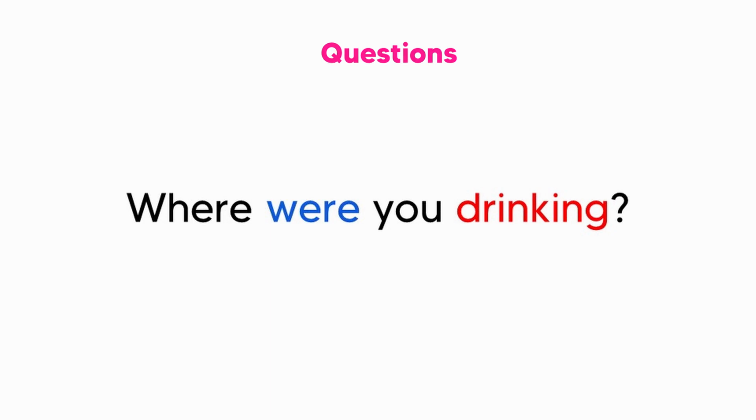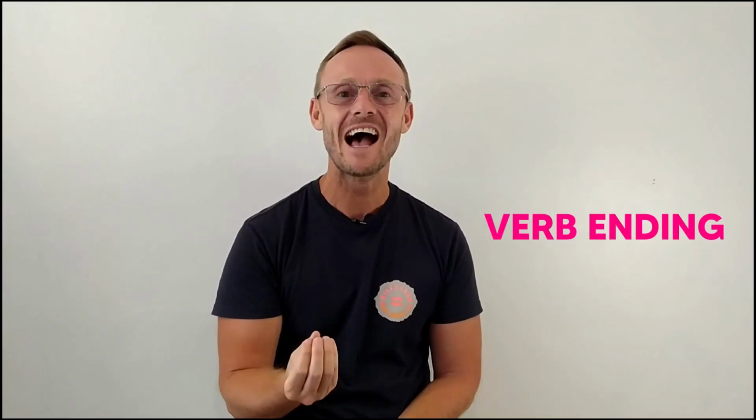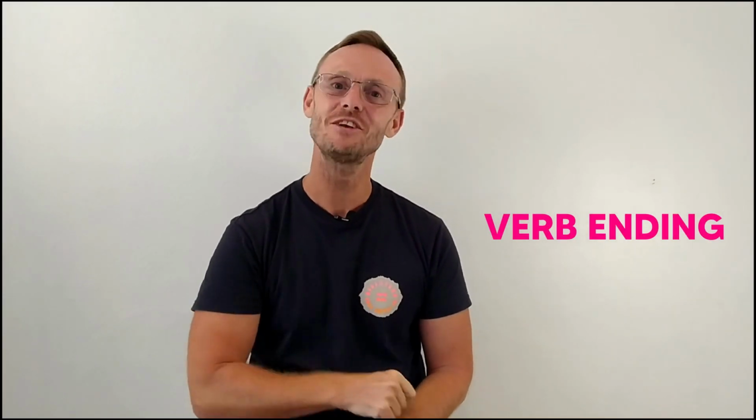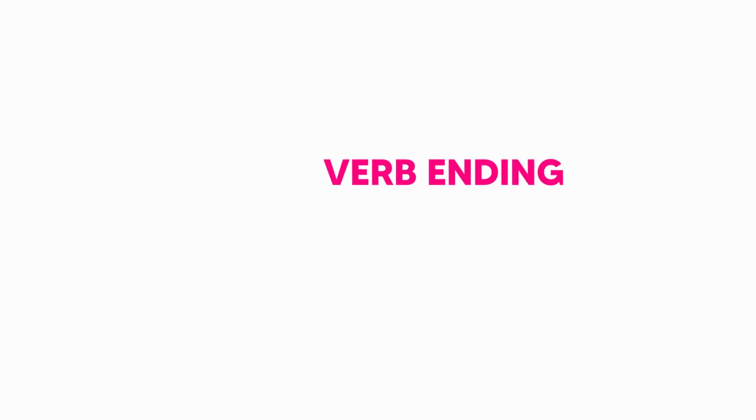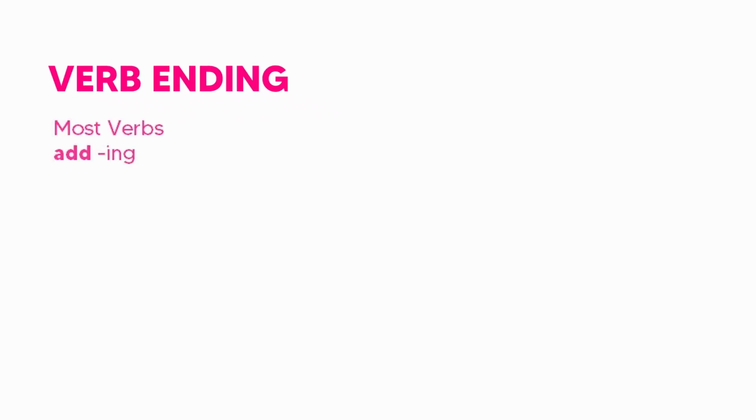In order to change the spelling of the verb into its correct continuous form, we need to have a look at the verb ending. Let's have a look at some examples. Okay, with most verbs, we simply add ing to the end of the base form. For example, work, we add ing and it becomes working.